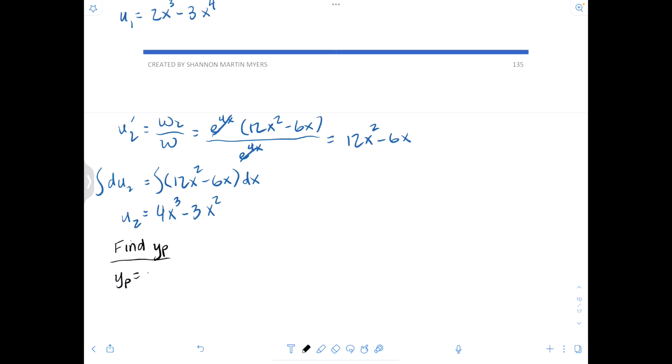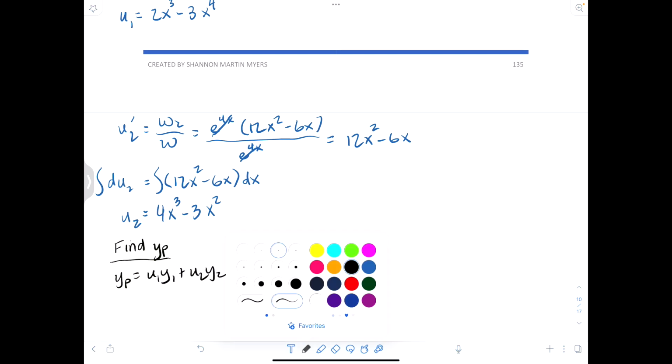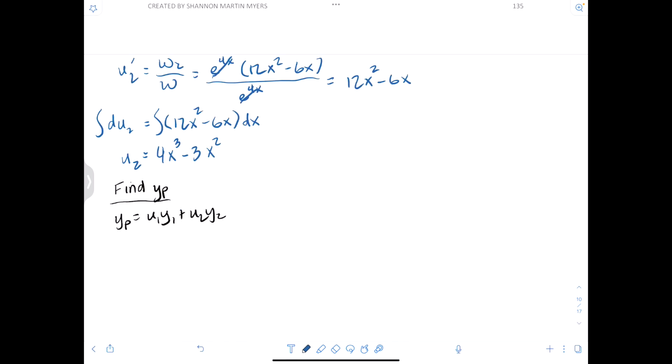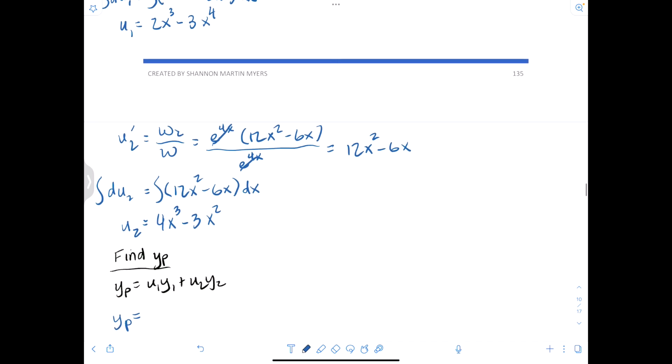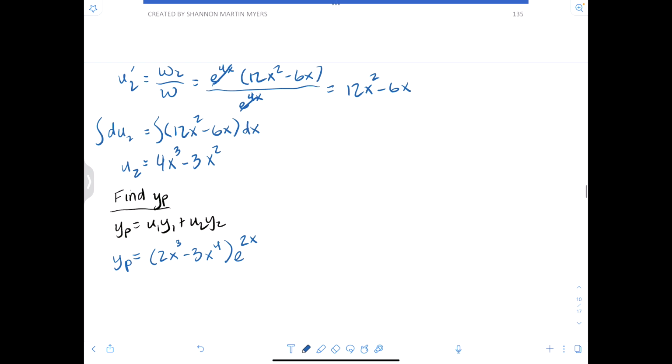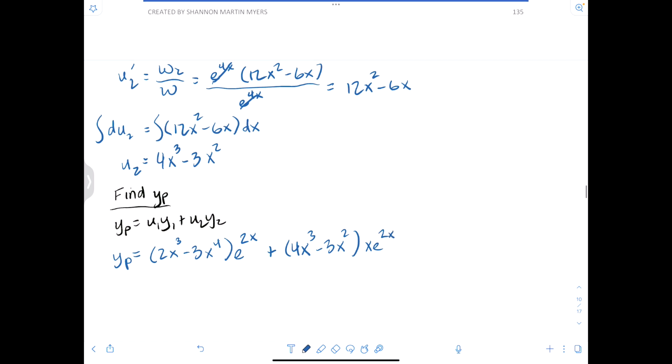remember yp is u1 y1 plus u2 y2. So yp will be, let's see what our u1 was, 2x cubed minus 3x to the 4th, and that's going to be times e to the 2x. That was our y1, plus 4x cubed minus 3x squared times x e to the 2x, which was our y2.